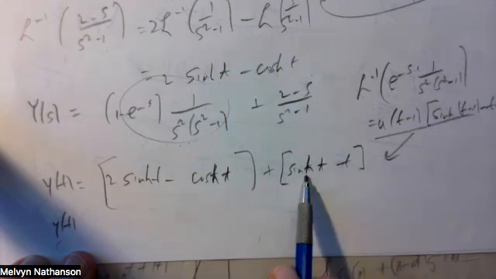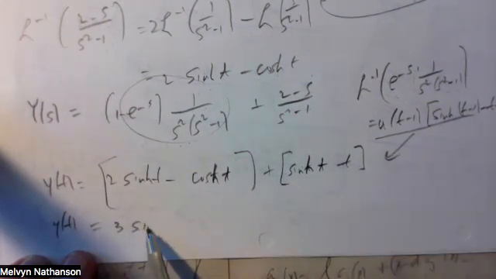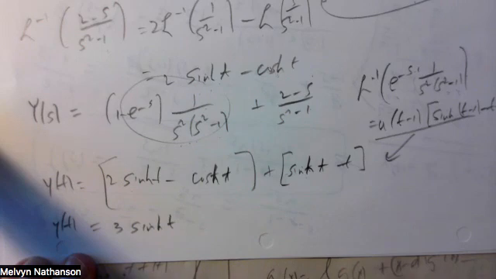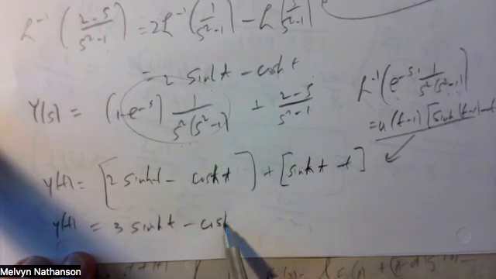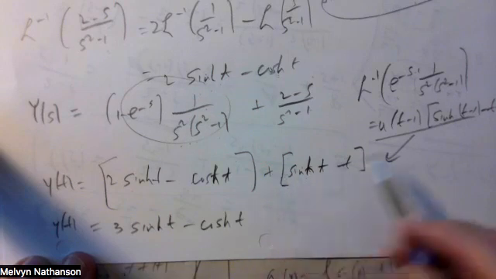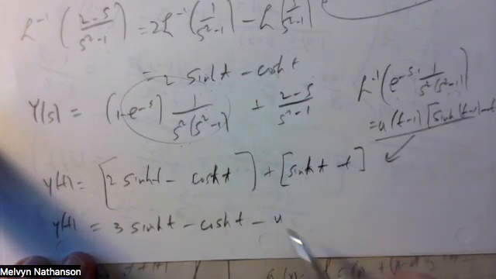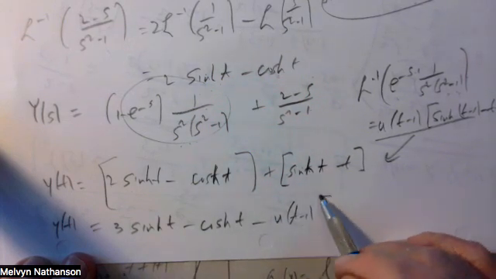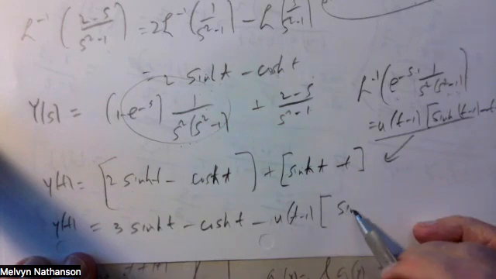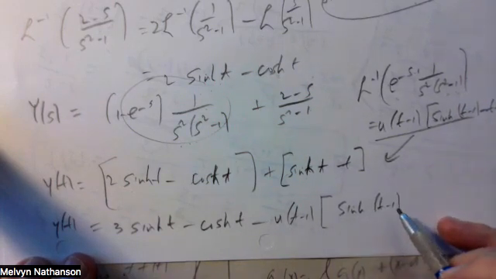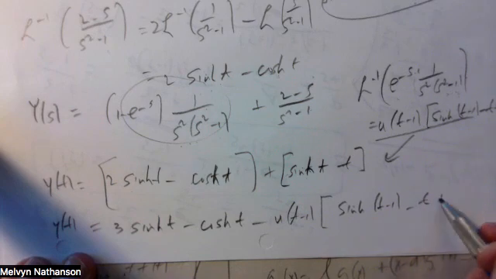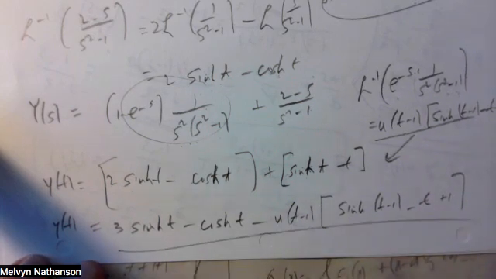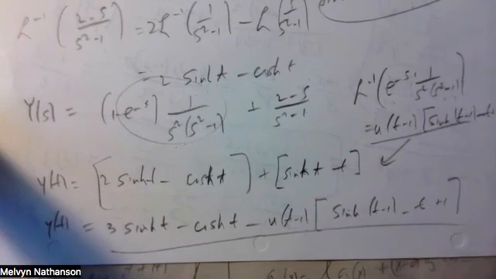I have 2 sinh t plus sinh t, so I get 3 sinh of t minus cosh of t, minus u of t minus 1, this is the unit step function, times sinh of t minus 1 minus t plus 1. And that, somewhat miraculously, is the solution of the differential equation.